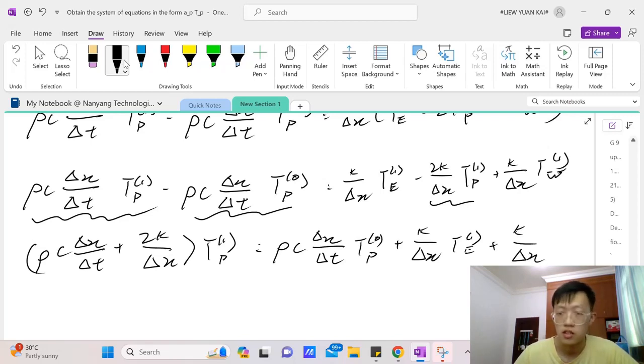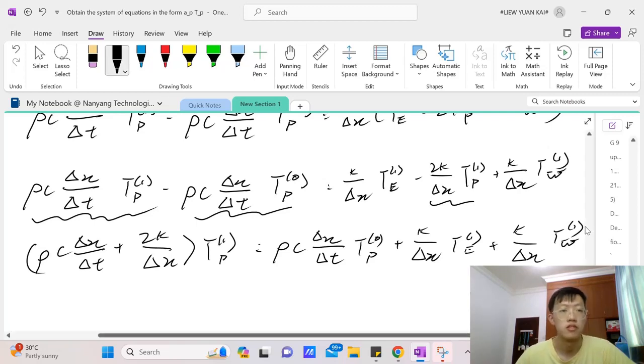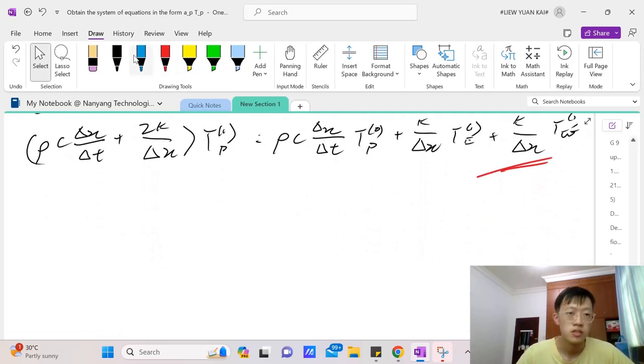Yeah, just like this. So this is the equations for points 2, 3, and 4.